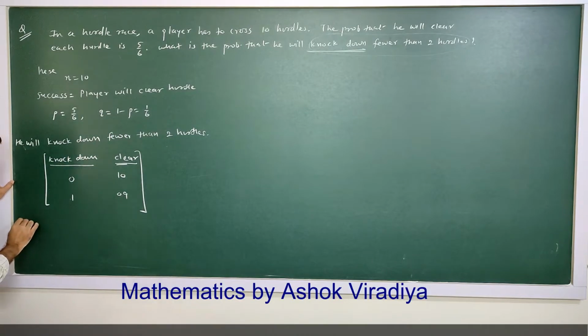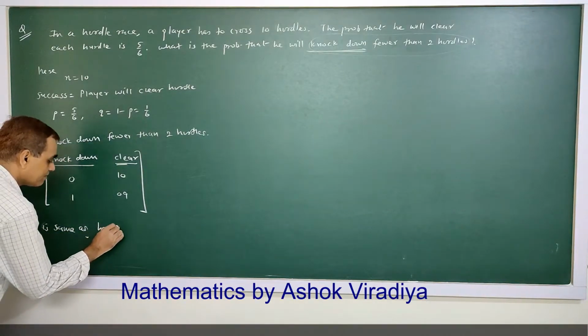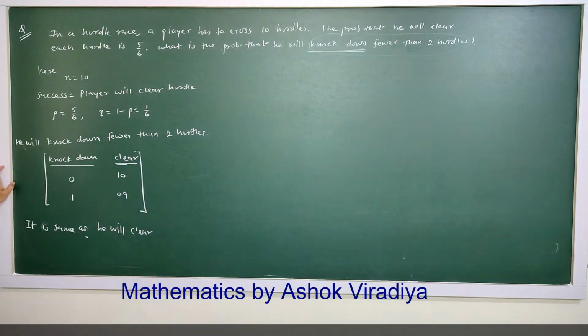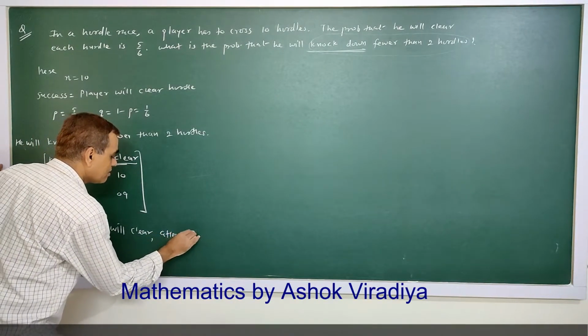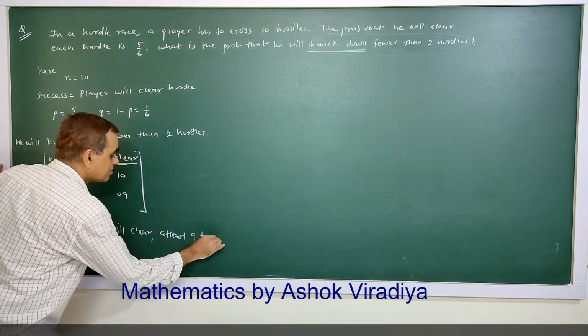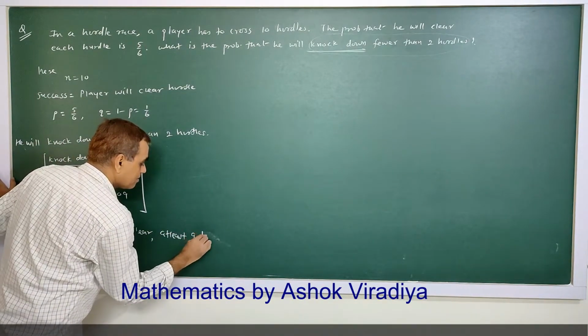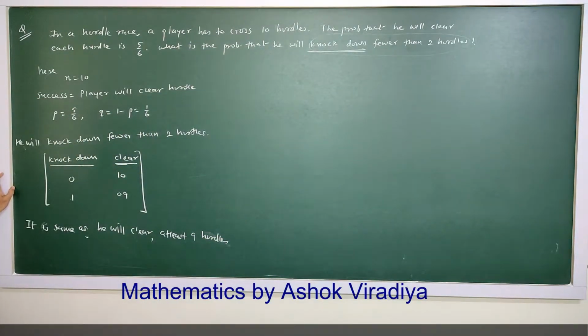It is the same as he will clear at least 9 hurdles. So at least 9 hurdles means 9 or 10 hurdles.